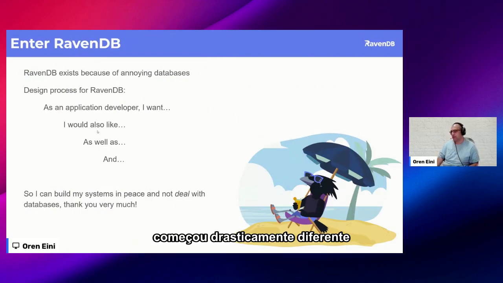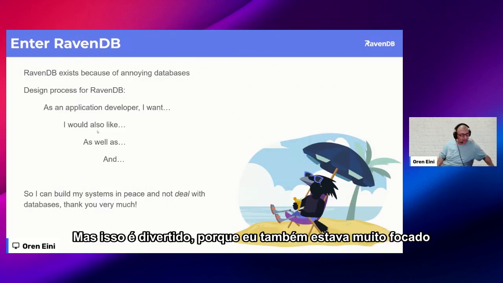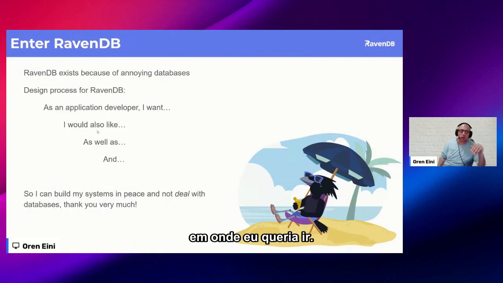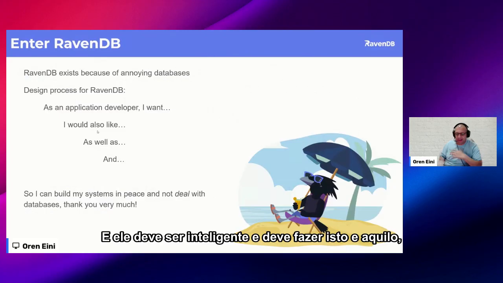drastically different from how most databases are built. To start with, I had no idea what I was doing at the time. But this is fun because I also was very focused on where I wanted to go. I wanted a system that would match what I need as an application developer. And it should be smart and should do this and that.